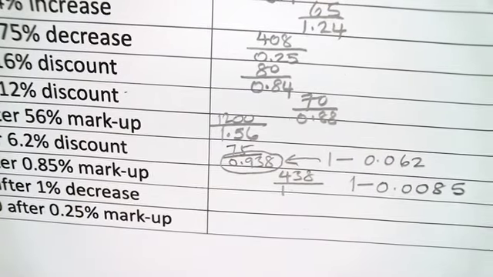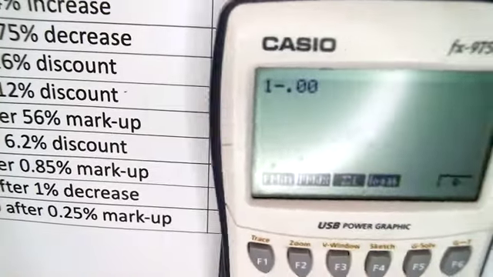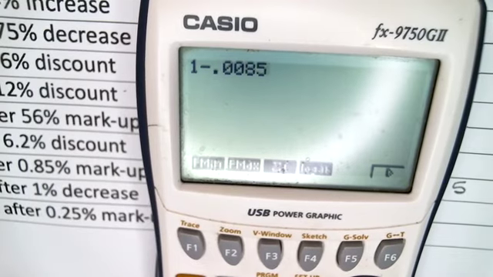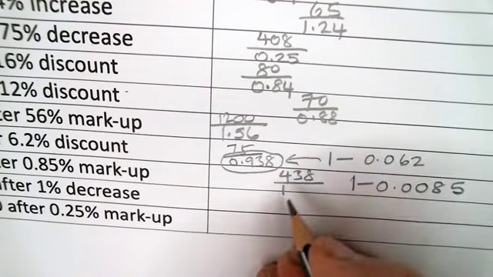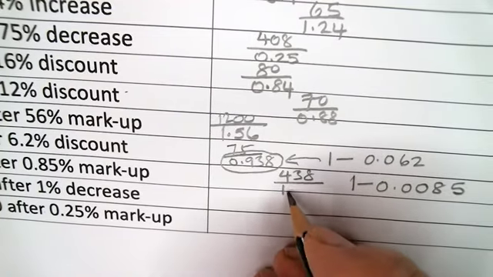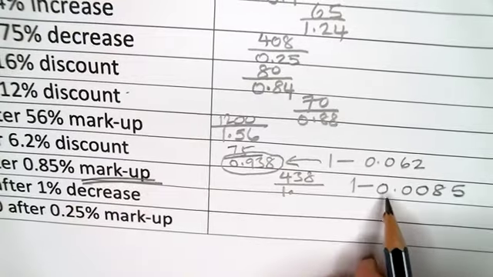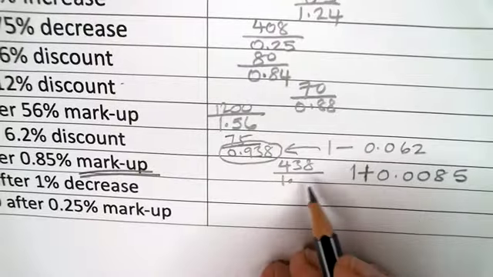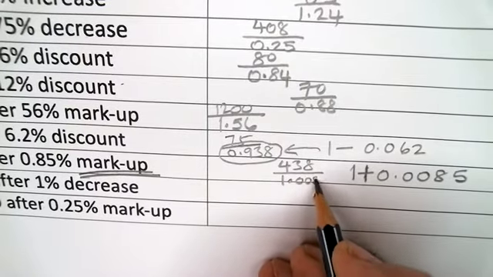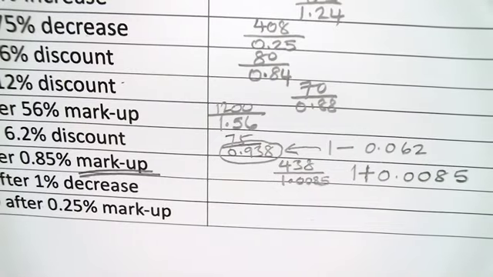Let's have a look: 1 minus 0.0085 equals 0.9915. Oh, wait, what am I doing? This is a markup. It's a plus, not a minus. So the answer is 1.0085. I nearly made a big mistake there.